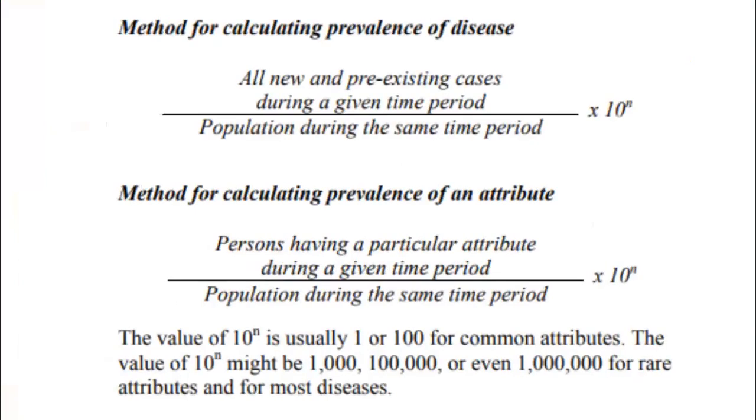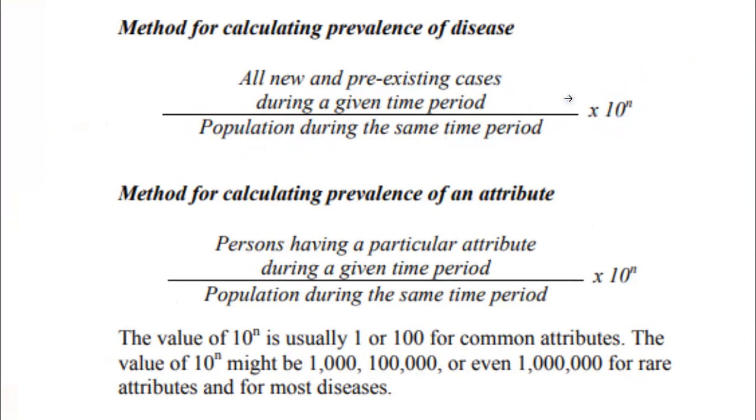So this is how we calculate prevalence. The number of new and pre-existing or old cases during that particular period of time, divided by the total number of population during that same time period, multiplied by a factor.